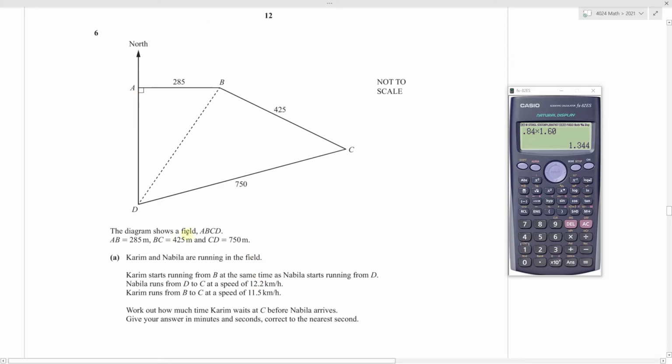Question number 12, the diagram shows a field ABCD and you're given these lengths in meters. Part A: Kareem and Nabila are running in the field.